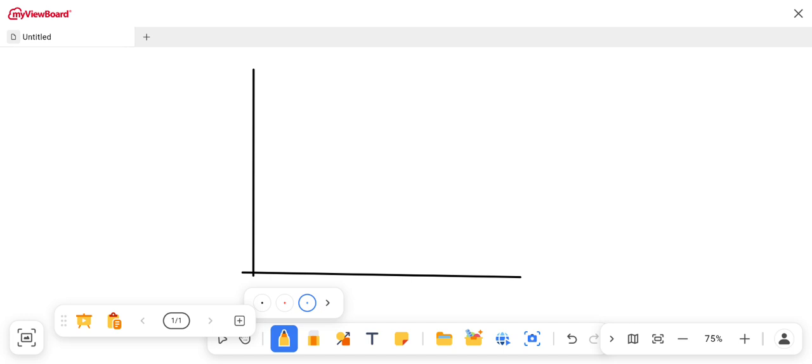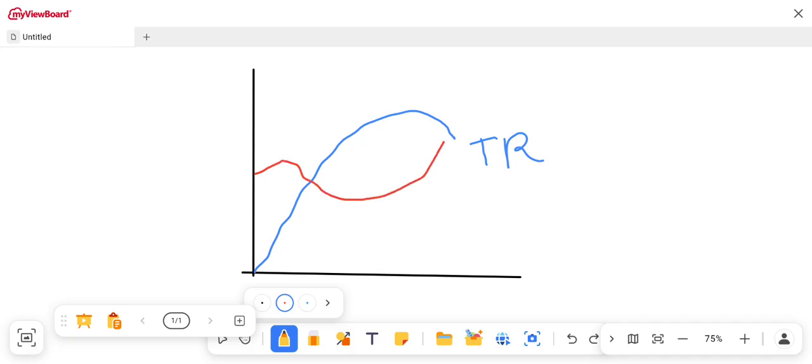Now we know that total revenue is represented by this: it increases, then it's constant, then it decreases. And we will draw the total cost curve, which is inverted S shaped. Why is it inverted S shaped? Because of the law of variable proportions. So this is total cost.